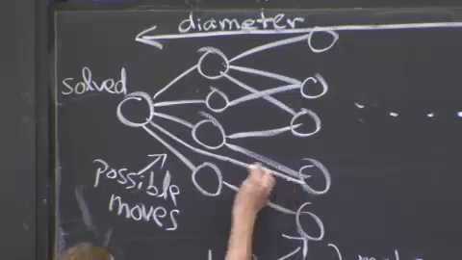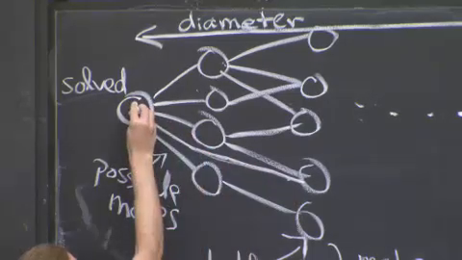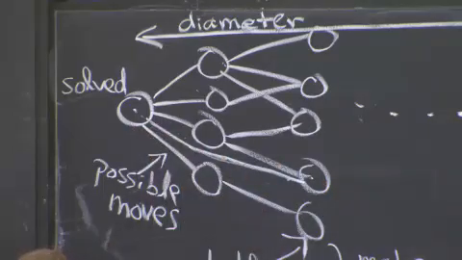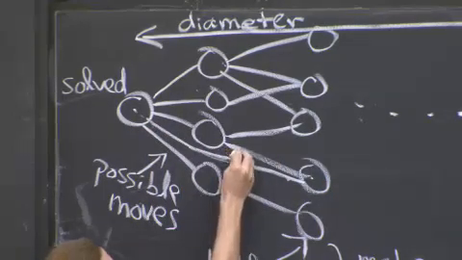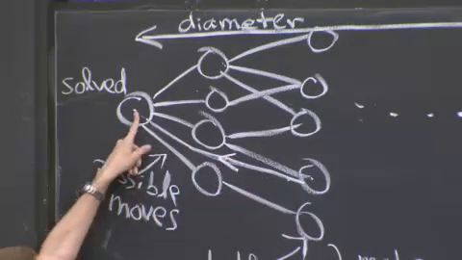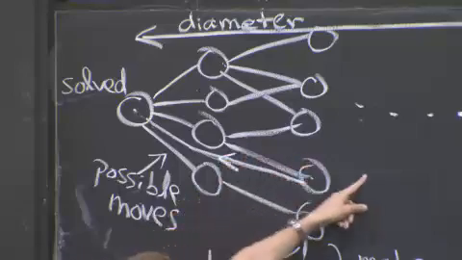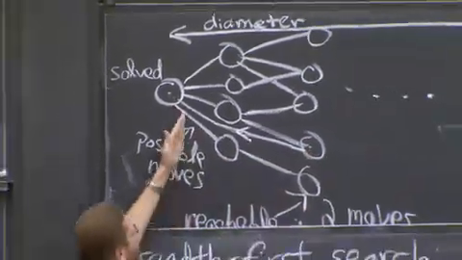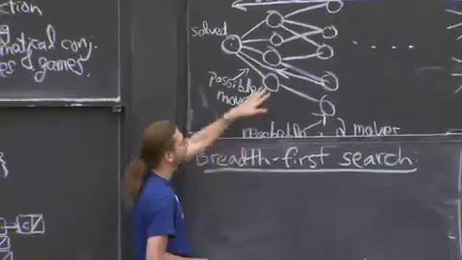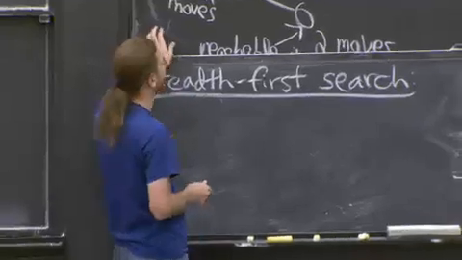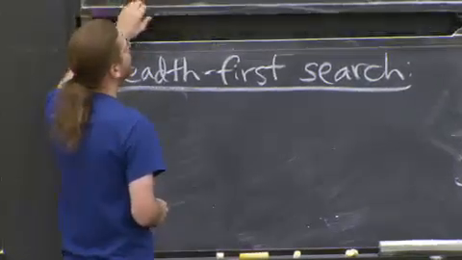Because if that edge existed, then from this node, you'd be able to get here. So in an undirected graph, that can't happen. In a directed graph, you could conceivably have a back edge like that. You have to realize, oh, that's a vertex I've already seen. I don't want to put it here, even though it's something I can reach from this node, because I've already been there. So you've got to worry about things like that. That's, I guess, the main thing to worry about.